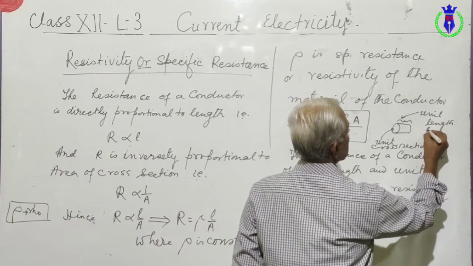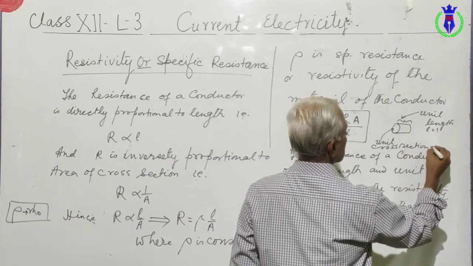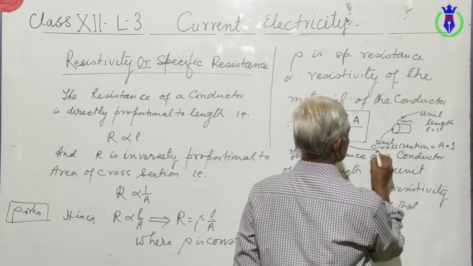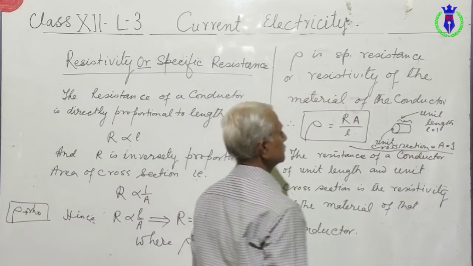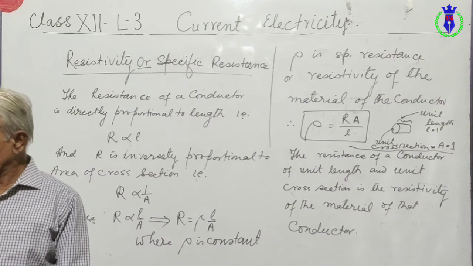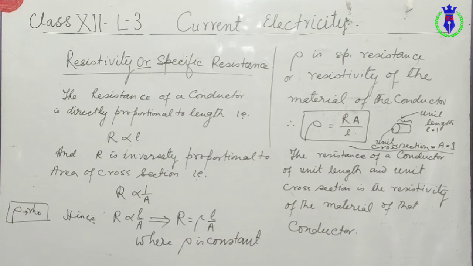That is L is equal to 1 and cross section is equal to 1. ये हो गया रेसिस्टिविटी के बारे में.